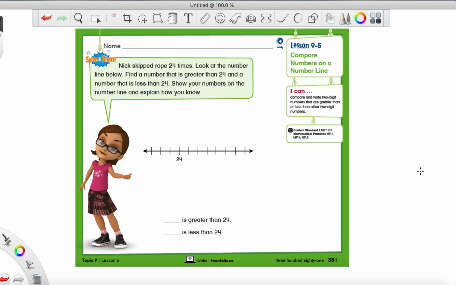And remember, with Unit 9, we're working a lot with greater than, less than, and equal to. So let's just review the word greater real quick. If we see the word greater, I'm just gonna make a little more writing space here. Just remember that the word greater means bigger.